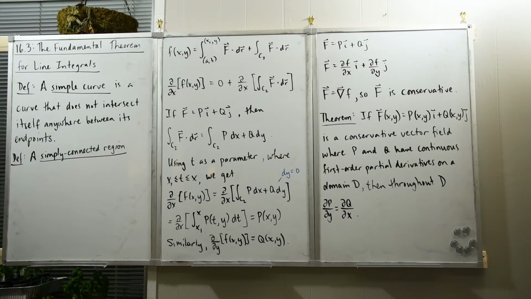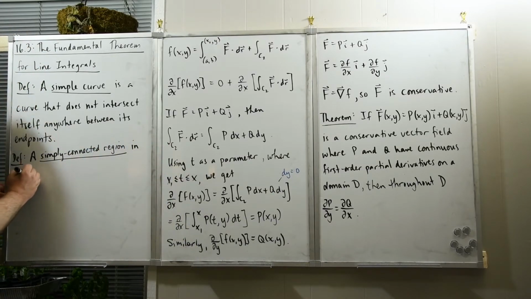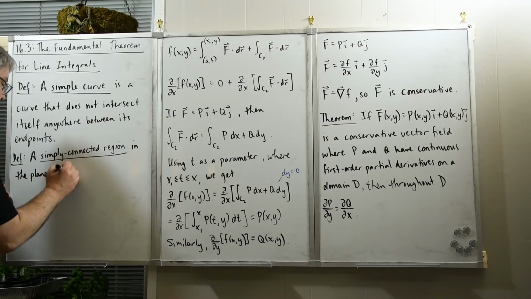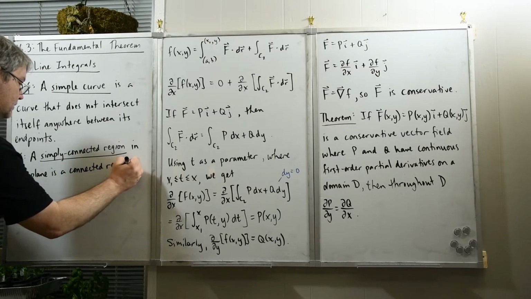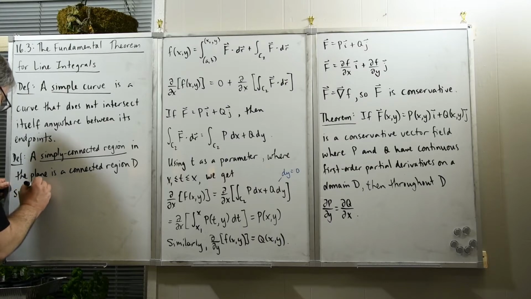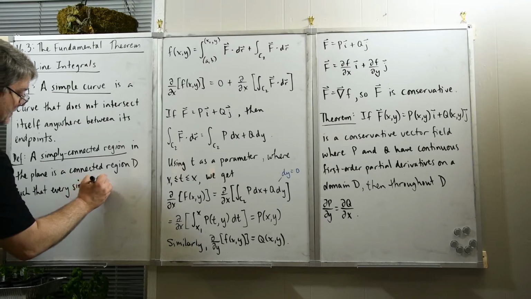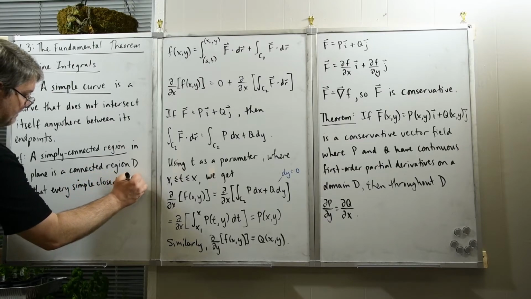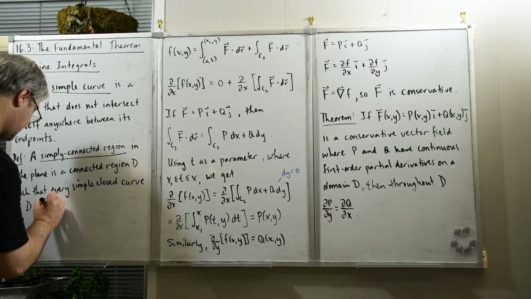A simply connected region in the plane is a connected region D such that every simple closed curve in D encloses only points that are in D.